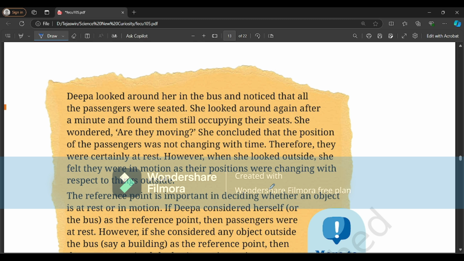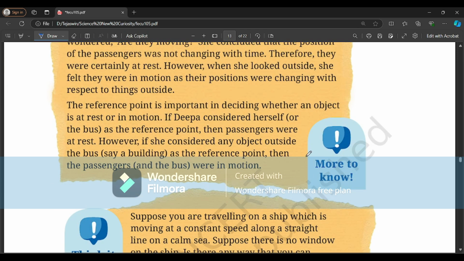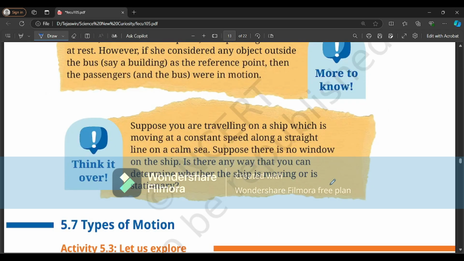In this example, if the windows are closed, she will feel that nobody is moving because she is also steady. But if she opens the windows and sees from outside, then she sees that the passengers along with the bus are moving. So it depends on the reference point from where you are looking to determine the motion of an object.